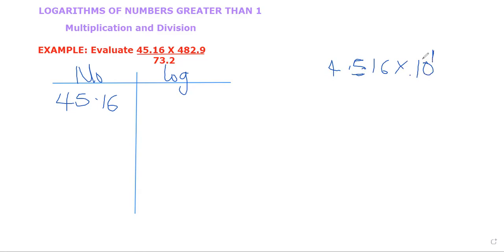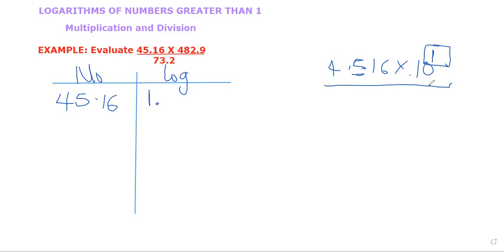If that is the number represented in standard form, my integral part will be this power, 1. So I'm going to have 1 point here.